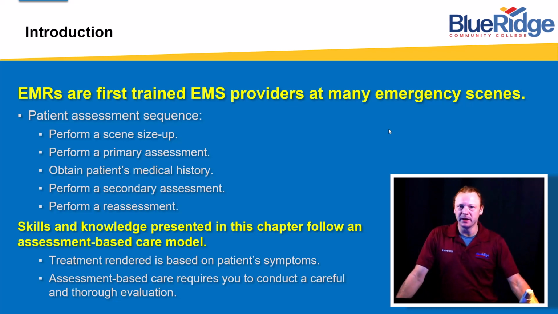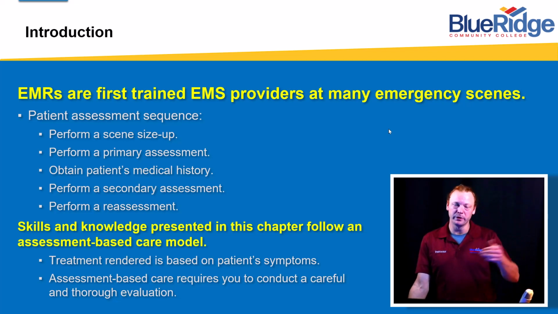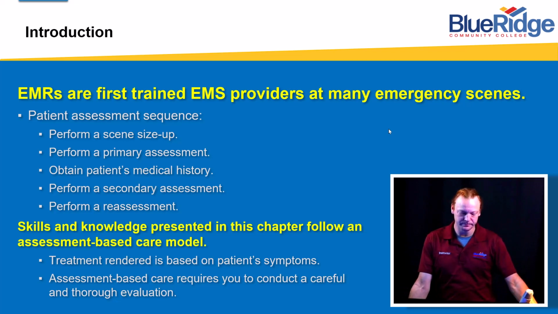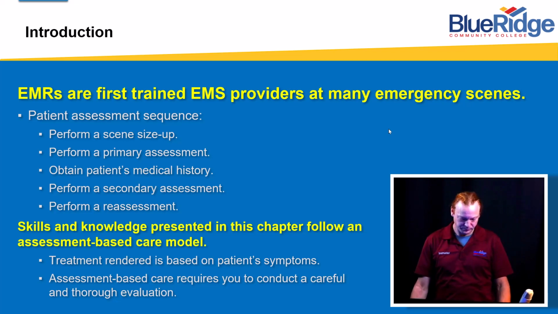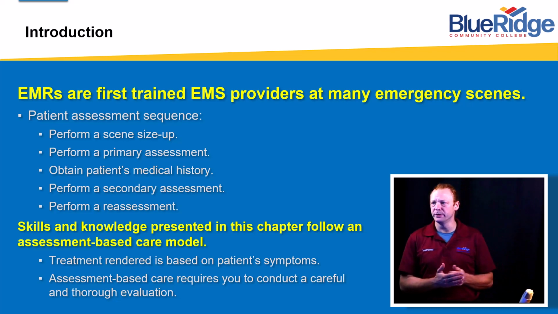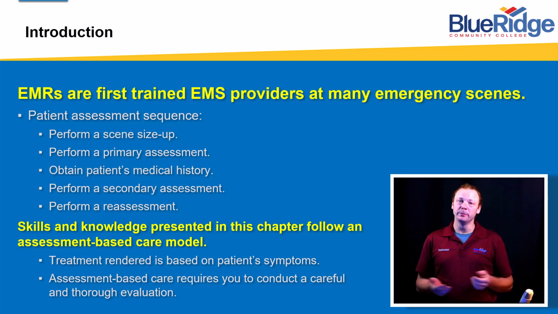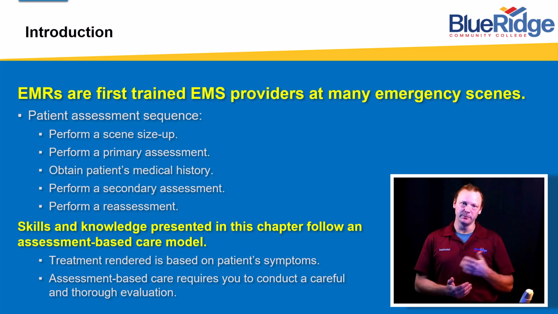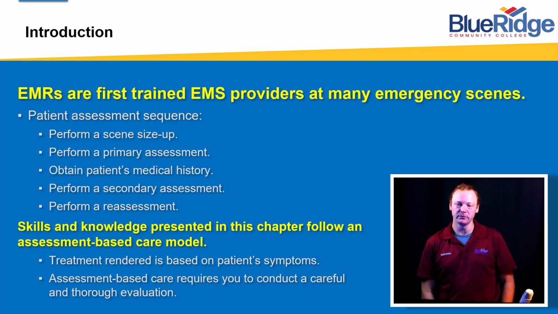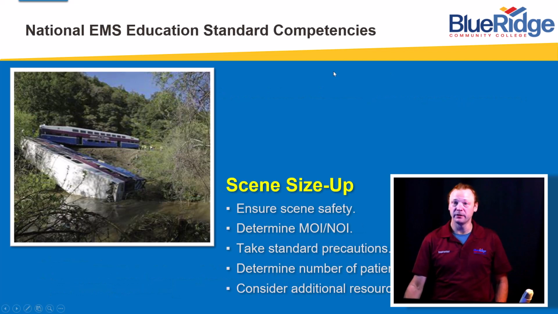Then we need to obtain our patient's medical history, primarily their present medical history, what has happened leading up to this point, causing our interaction with them, and then perform our secondary assessment, and then after all that's complete, our reassessment. And of course, our treatment is going to be rendered based on the skills that we've been trained up to. That's our scope of practice. And it's going to be based on what the patient's symptoms are being presented to us and what we are finding through our assessment. Okay, so our scene size up.